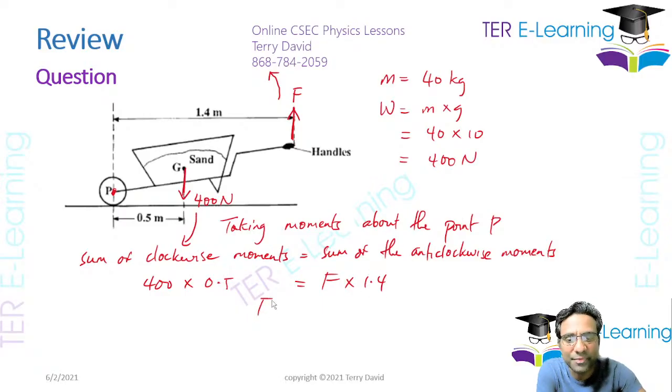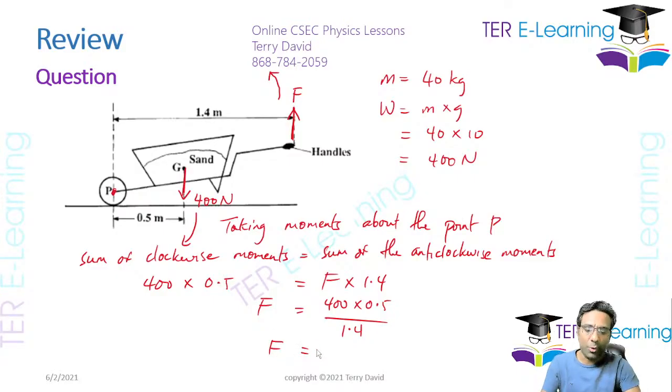Therefore, F is equal to 400 multiplied by 0.5 divided by 1.4. That's how I'm going to get my value for F. So that is 400 multiplied by 0.5 divided by 1.4, and what I get is approximately 143 newtons.